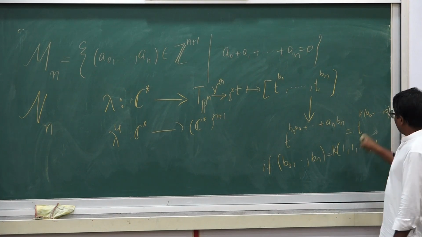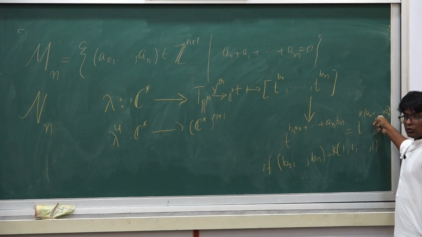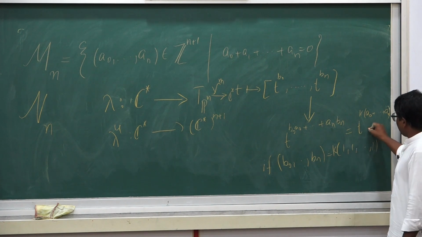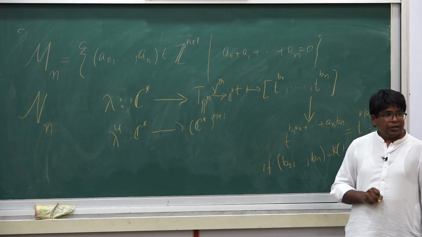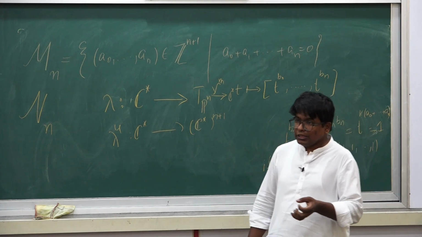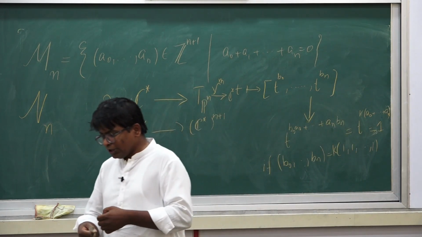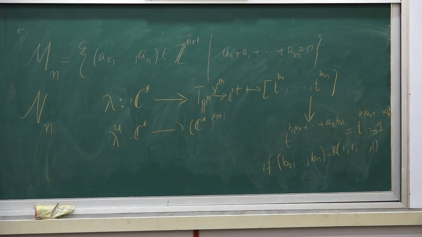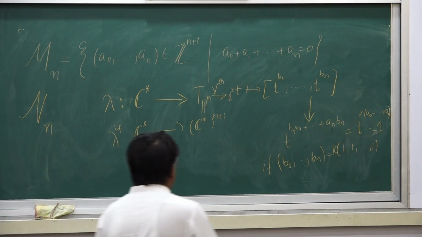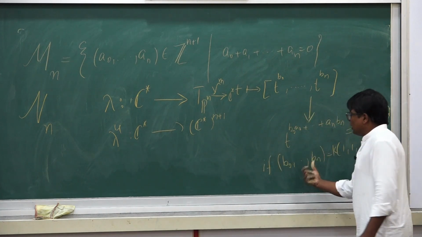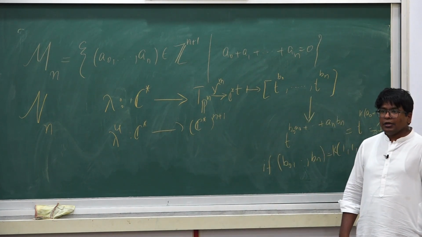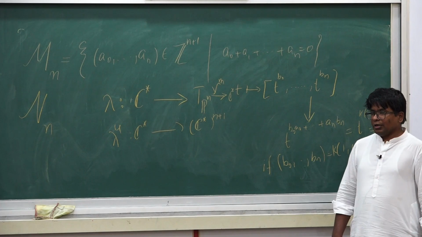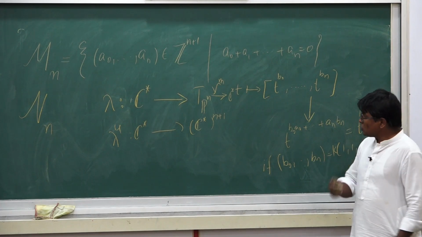But this a naught plus a n is equal to 0, so that would mean that this will become 1. So in other words, the character associated to the C star is actually the constant character and it goes to 1. So that would mean that all these elements will create an identity composition, right.